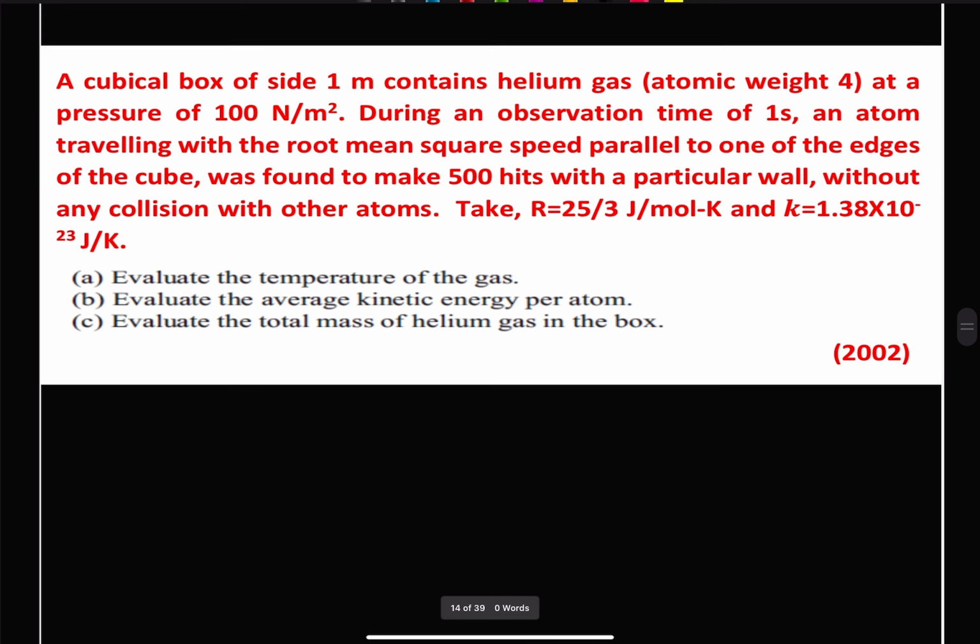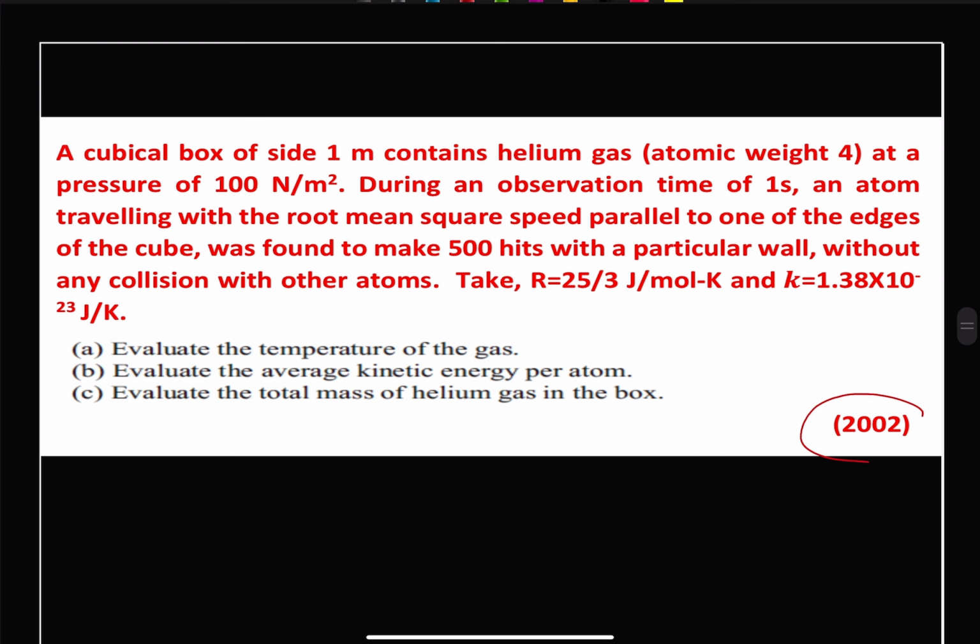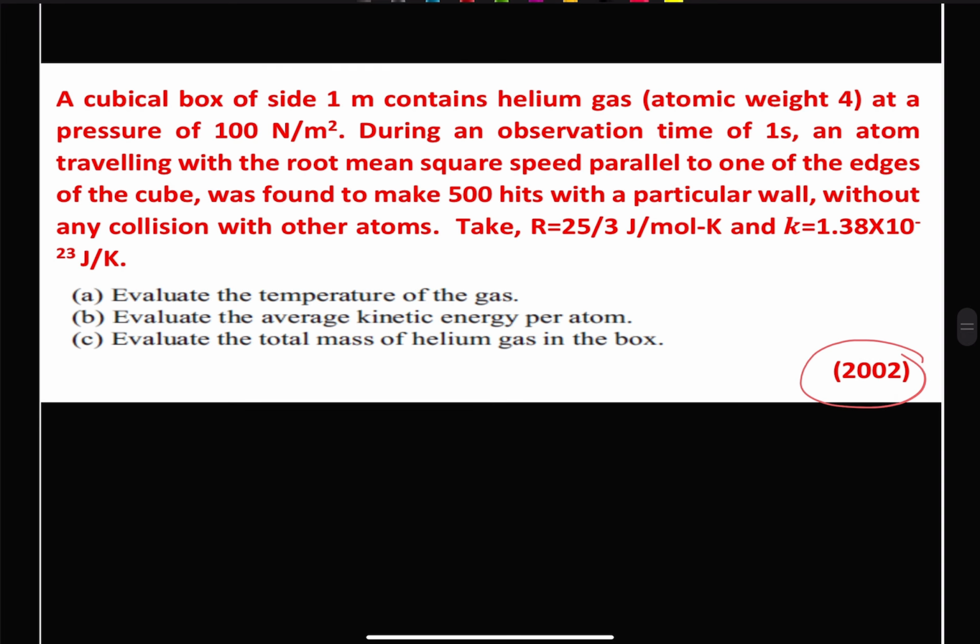Next question. It was asked in the year 2002 and it states that a cubical box of 1 meter contains helium gas, atomic weight 4, at a pressure of 100 Newton per meter square.